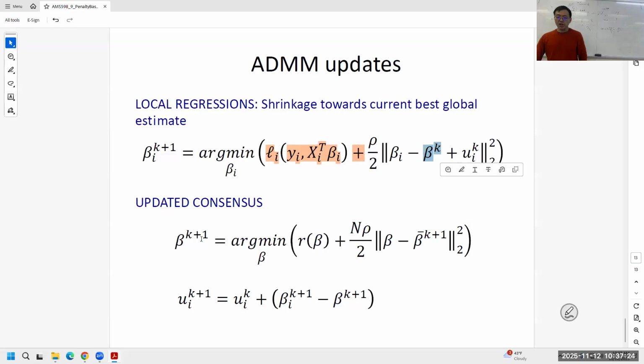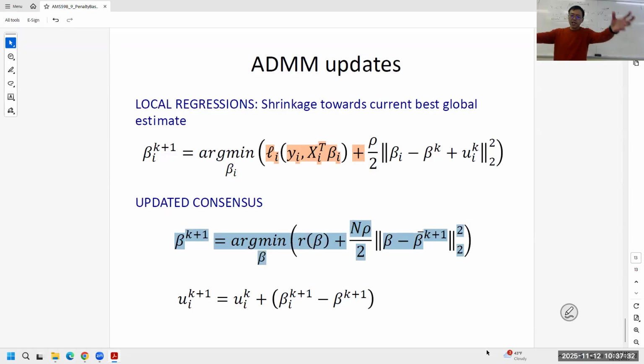The only difference is in the global step. Used to be, in the master node, we just collected the local beta i, took the average, and sent it back.